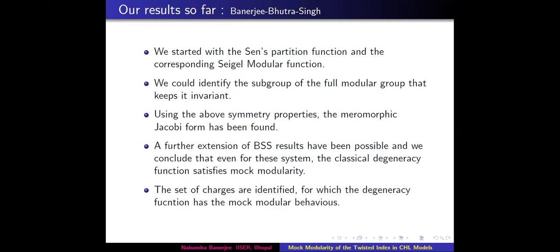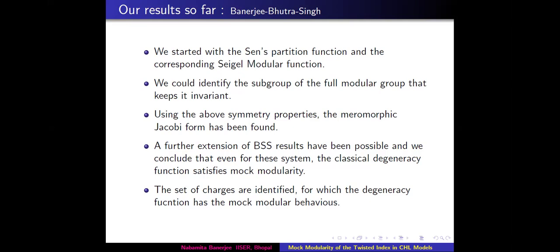For a certain charge vector in the charge vector space, aren't there regions where you only admit single-centered black holes without multi-centered? Yes. Those are different regions.